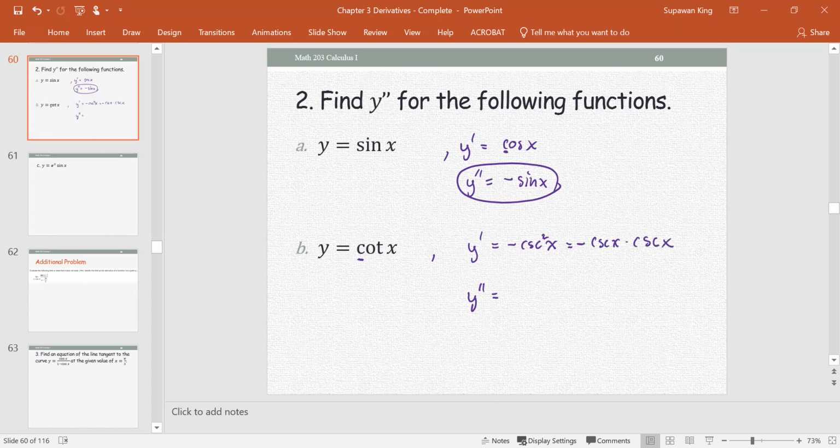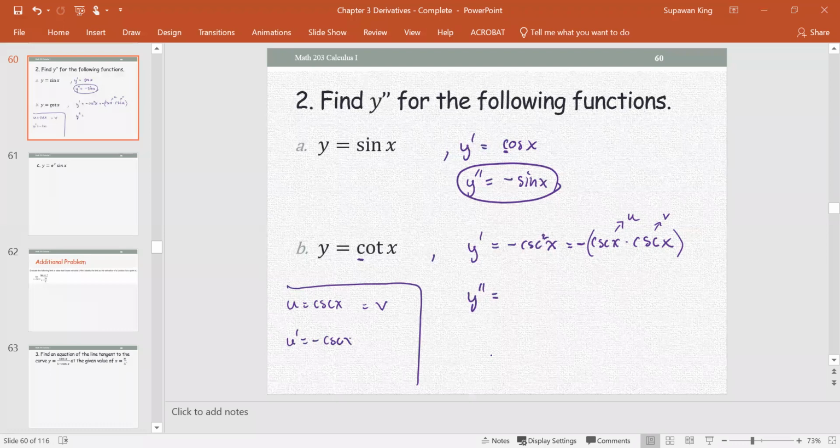And then we're going to use the product rule on the side notes here. And we treat negative as a coefficient. So the first one is a u, second one is a v. U is the cosecant x, which is the same as v. U prime is negative cosecant x cotangent x, which is the same as the v prime.